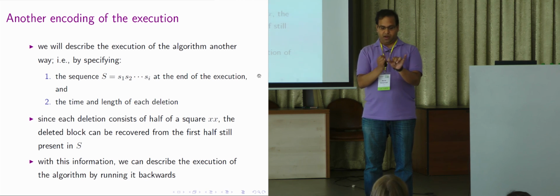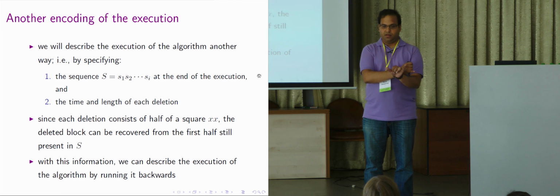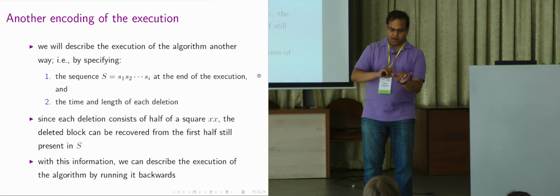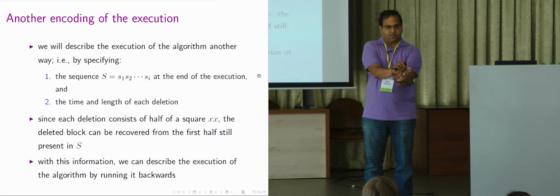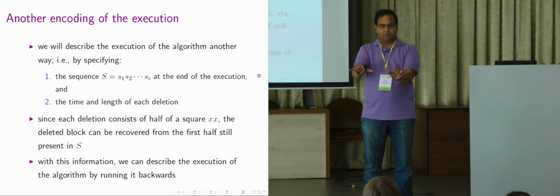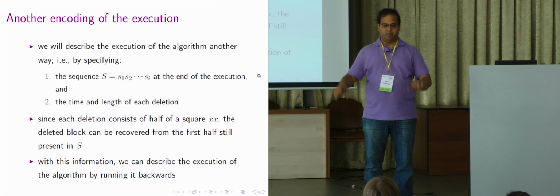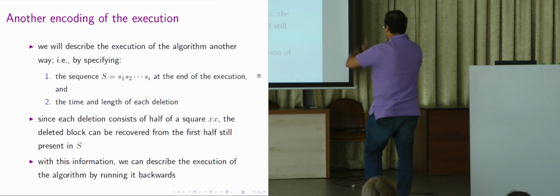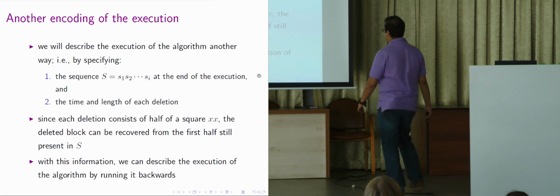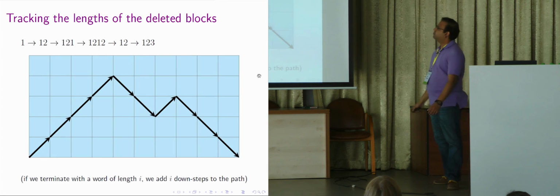So if at a certain point I know that a deletion of length L took place, I can regenerate the deleted block just by copying the suffix of length L that I have. I just copy it, and I get it back. And so then I just keep running the algorithm backwards, and I reconstruct everything that happened during this execution of the algorithm.